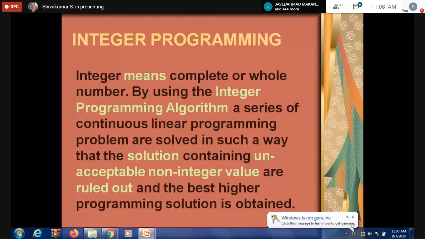So remember, there are solutions containing unacceptable non-integer values, like I told you, 2.7, 8.2, 9.6, something like that. You're going to get non-integer values which are unacceptable as far as the solution is concerned. At that time, this IPP, that is the integer programming problem, tries to provide the best possible solution. That is possible in the case of integer programming.